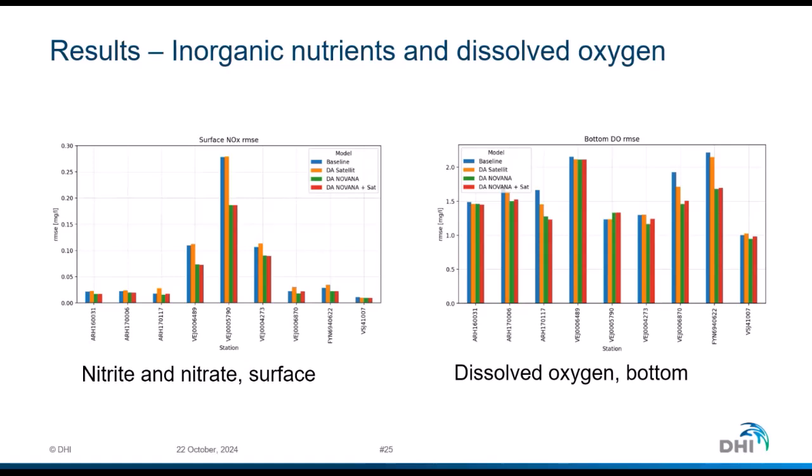And we see here that the dissolved oxygen in the bottom also has a changed root mean square error and is actually getting decreased at quite a lot of the stations, meaning that we have an improved description also of the dissolved oxygen at the bottom when we assimilate satellite data and inorganic nutrients, especially the inorganic nutrients, have a positive effect on the model description of dissolved oxygen.